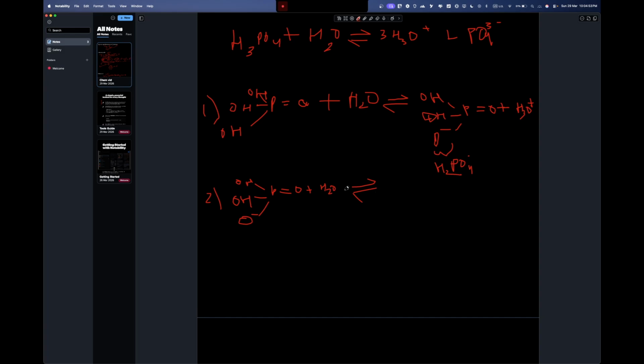Hydrogen will go to H2O. This time you'll get OH, O minus, O minus, P. Yep, this is going to be P, double bonded with this O, and you're going to have plus H3O plus, and don't forget to put this little thing here.